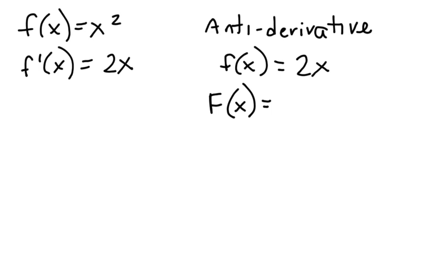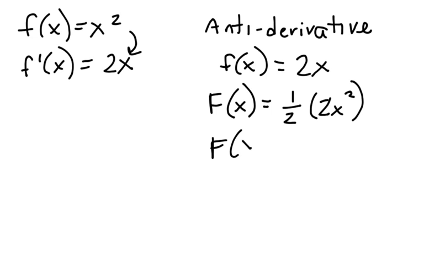Since when we took the derivative, we multiplied by the power of 2, here we're going to divide by 2, so it would be 1/2, multiplying by a half is the same thing, times our 2x, but then we're going to add 1 to the power, because here we subtracted 1, we're going to add 1, and that's going to give us F of x equals x squared.